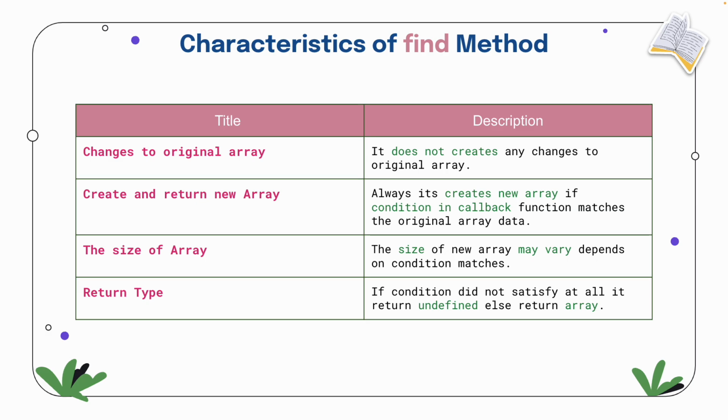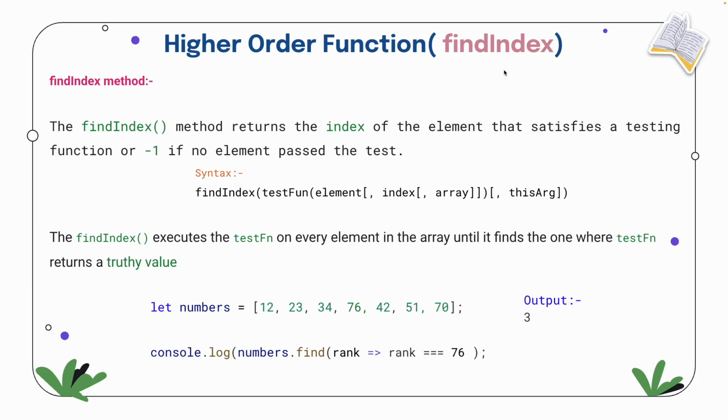Let's go for the next higher order function, that is findIndex. findIndex works similar to indexOf. We have one method called indexOf, right? indexOf will return the index of the first matching element from the array. If it is not found in the entire array, then it returns -1.